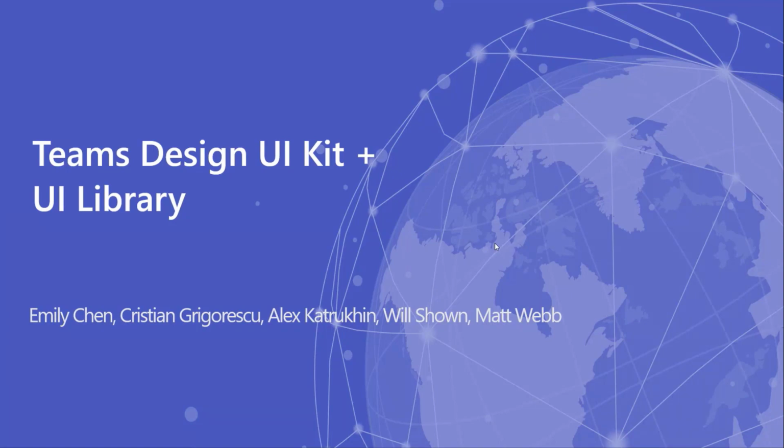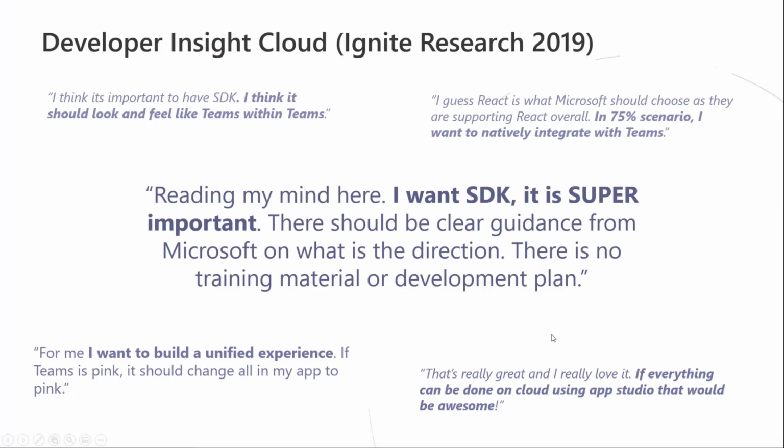To start off, I want to say that we've heard your feedback. This is something we gathered back at 2019 Ignite, but also continuously throughout the last year. We heard from you that developers want an SDK to build Teams apps.